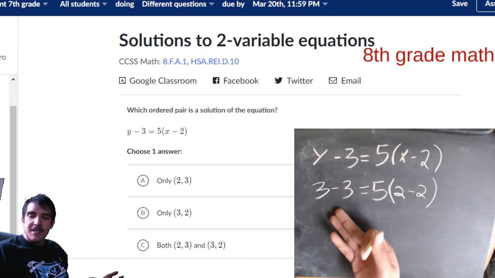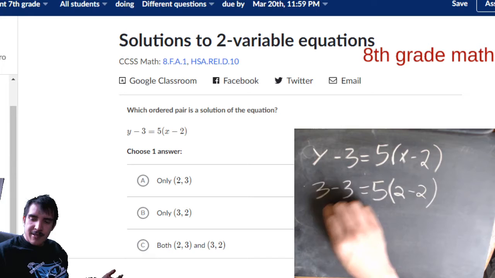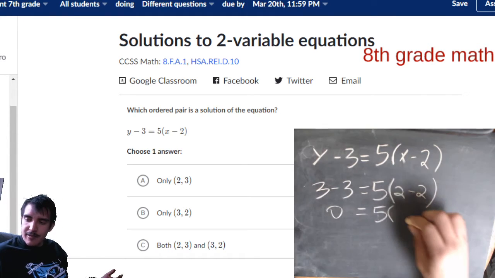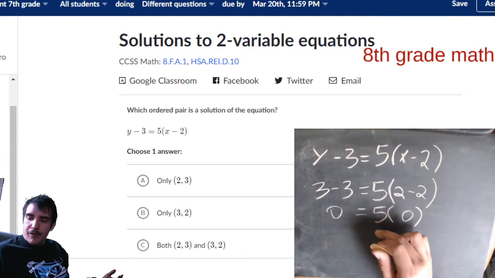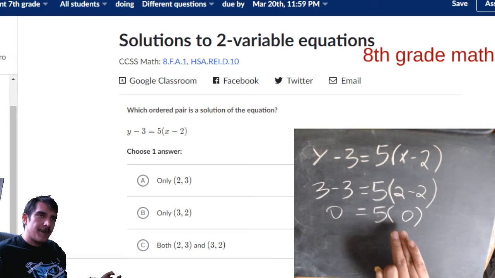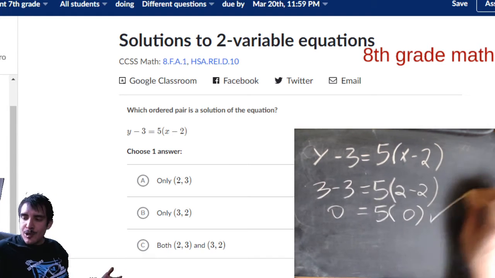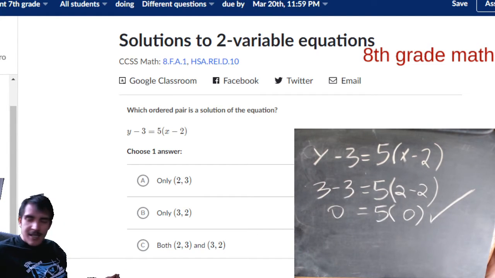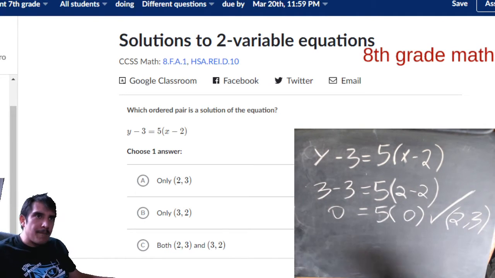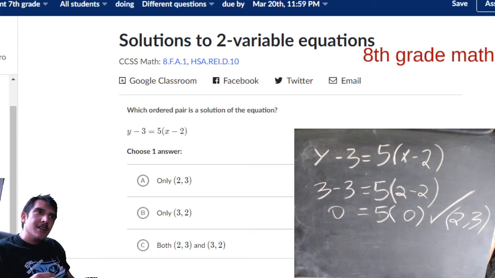So let's see what happens. 3 minus 3, 0, equals 5 times 2 minus 2, 0. And 5 times 0 is 0. So is this true right here? 0 equals 5 times 0. If that is true, which it is, then you know that the point 2 comma 3 that we just checked is a solution.